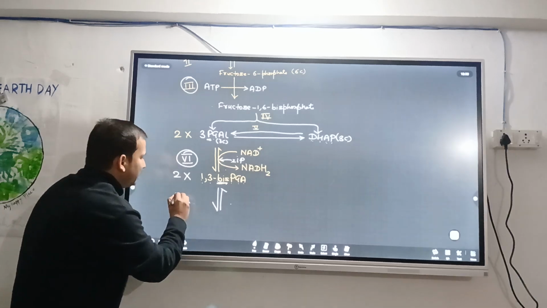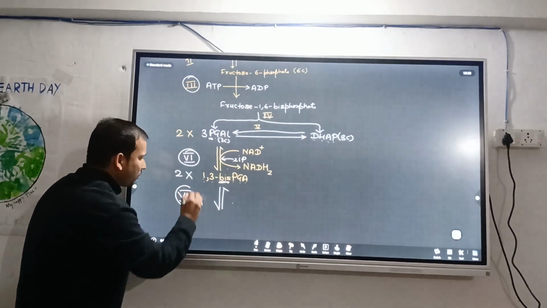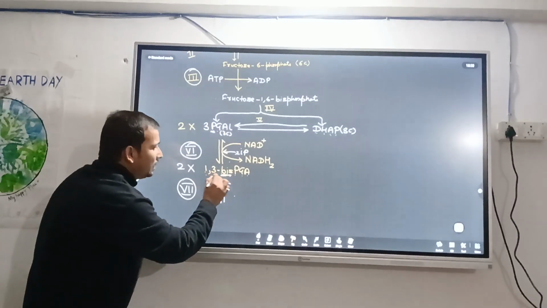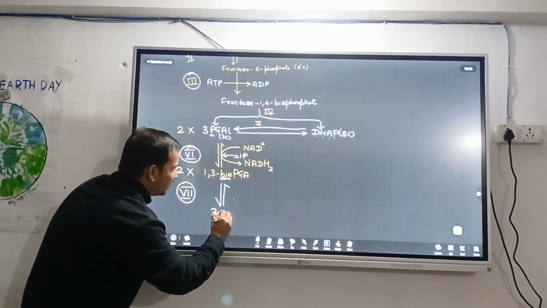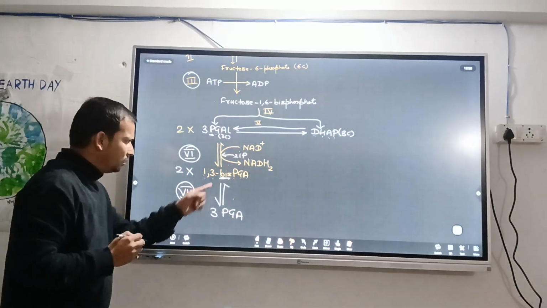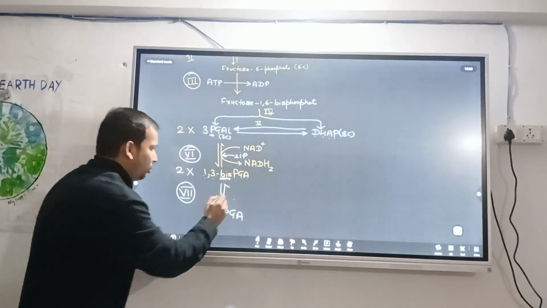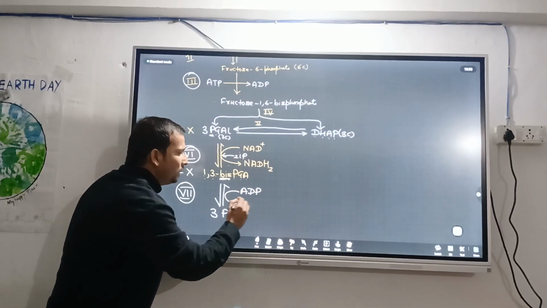This is the 7th step. Student, finally this 1,3-bis-PGA will become 3 PGA. Sir, phosphate bond. Yes, phosphate is given to ATP.